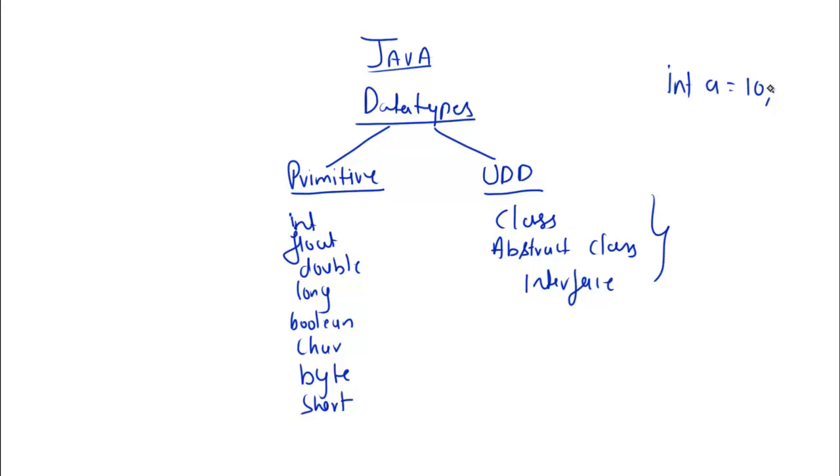For this int data type, some memory is allocated, something similar to 4 bytes.